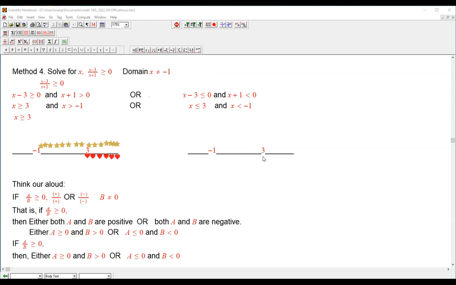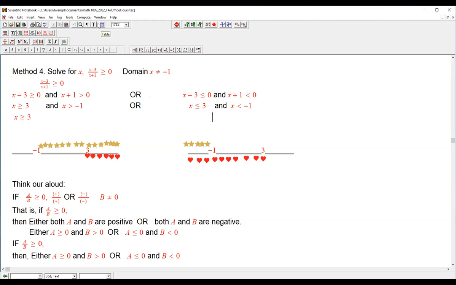Less than or equal to 3, including 3, and less than -1, not including -1. So which part is being shaded twice? Less than -1.